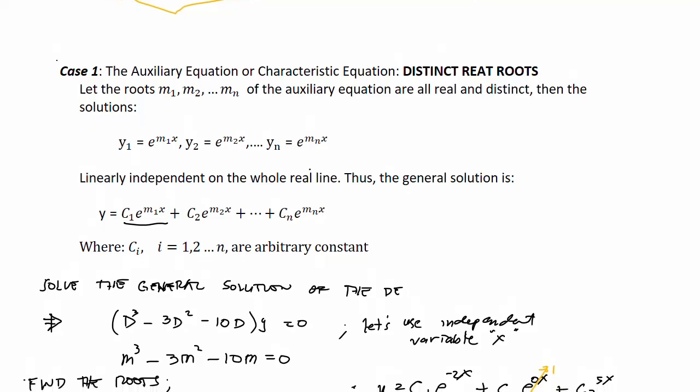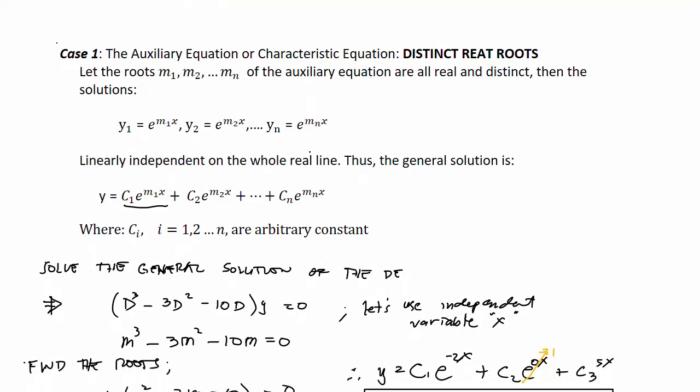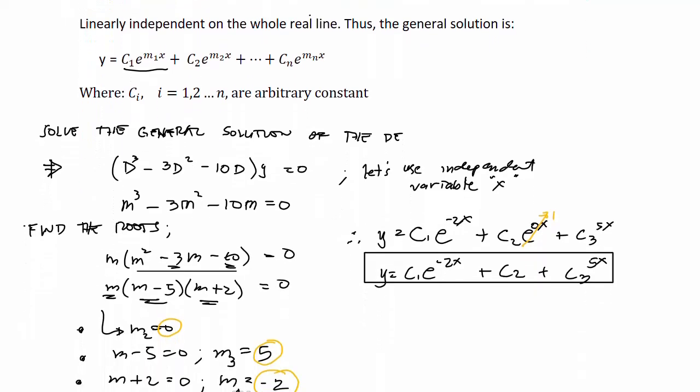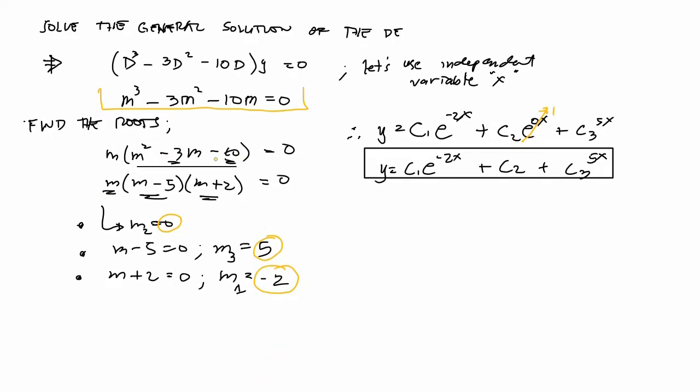Okay, so let us review our case 1. If we have distinct real roots, from this equation we have D cubed minus 3D squared minus 10D. We transform it into an auxiliary equation in terms of m. So we have this auxiliary equation now. And then we find the roots, and we have here three distinct roots: negative 2, 0, and 5.